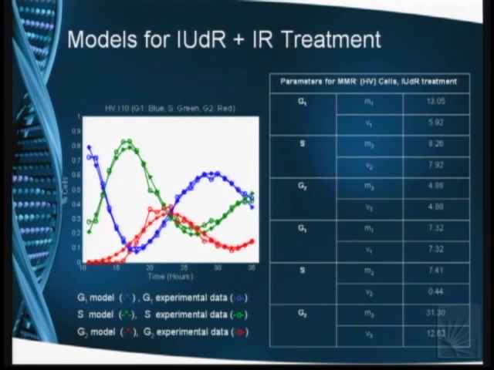From the experimental data, you cannot really get the means and the variances. You only get the distribution. So what the model provides you is the details in these dynamics. You can see what's the variance and variability in that state, and what's the mean value in that state. And you can compare how these parameters change after treatment.